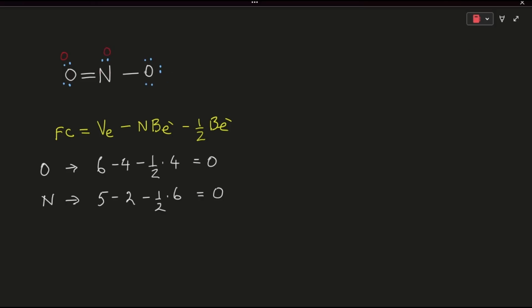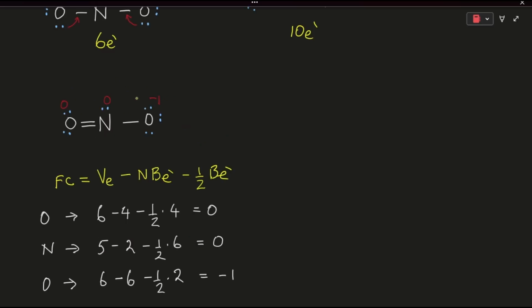Now, the formal charge on this oxygen: valence shell electrons of oxygen is 6. Now, how many are the non-bonding electrons? There are 6, with 2 bonding electrons. So the formal charge on this oxygen is -1. So this Lewis structure would be the most favorable to be considered for the nitrite ion, since all the atoms involved in the bond satisfy the octet rule and are happy.